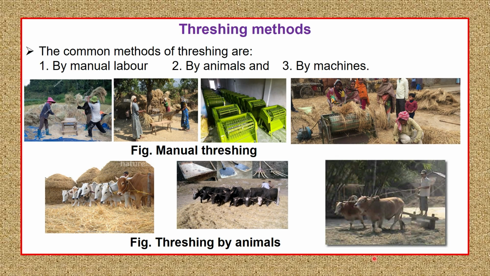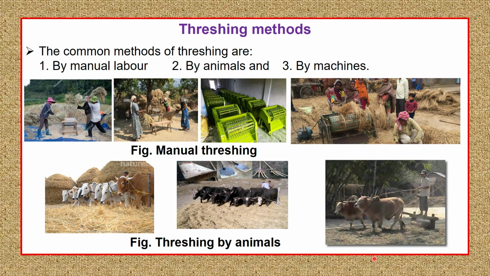While there will be a number of animals which are tied one beside the other to the common pole, where that common pole is on the threshing yard, and on the ground crops of unthreshed plants are spread, and over the spread crops those animals will be allowed to walk.